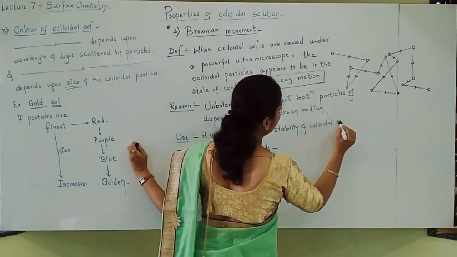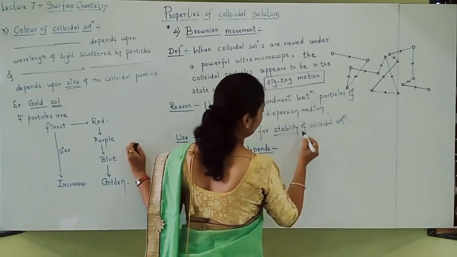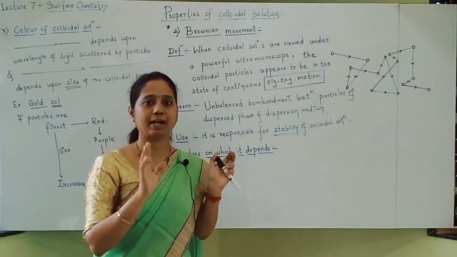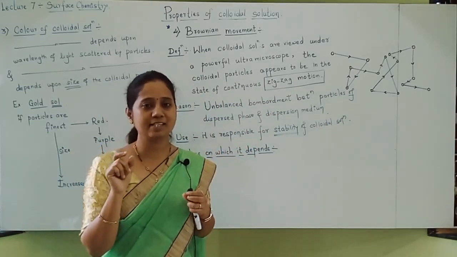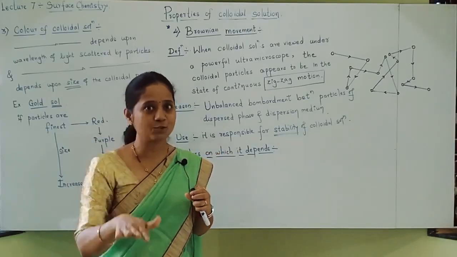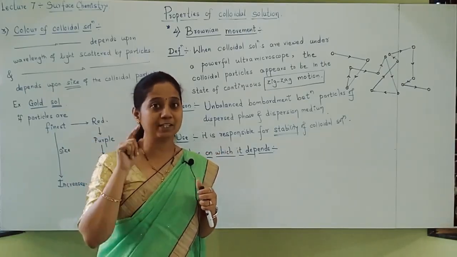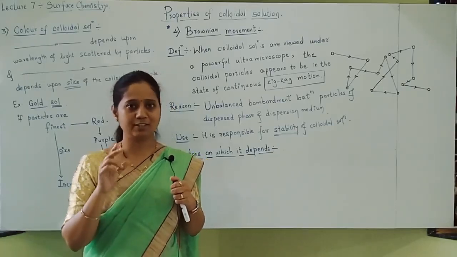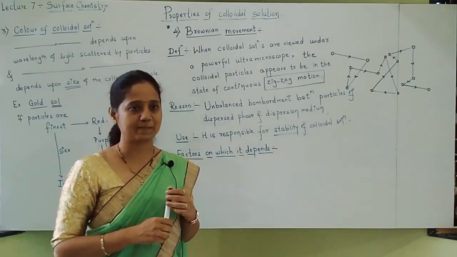Colloidal solutions are stable due to this. Many factors are responsible for stability, and one of the factors is continuous zigzag motion. It doesn't allow the particles to settle down, and doesn't allow them to coagulate or precipitate. That's why it is one of the reasons for the stability of colloidal solutions.